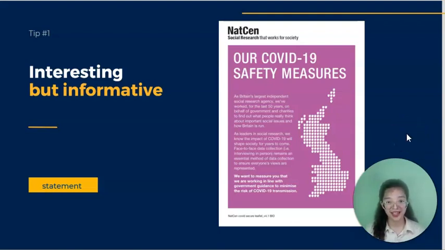The title is loud and clear, Are COVID-19 Safety Measures? So even without reading the whole content, we know that this leaflet talks about the safety precautions that the research organization took during the COVID-19 pandemic.